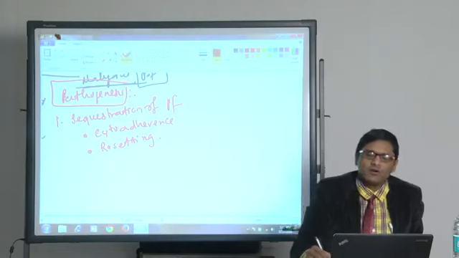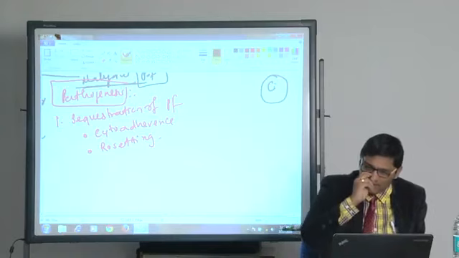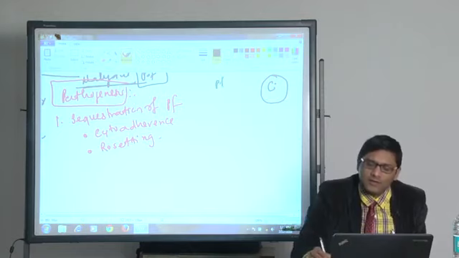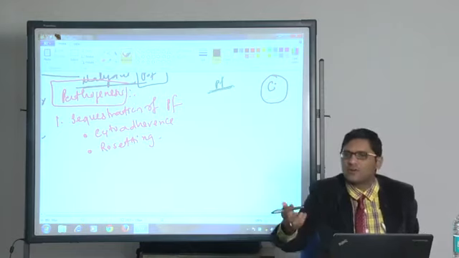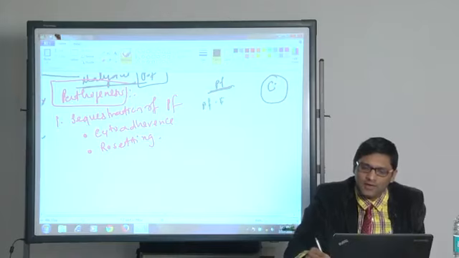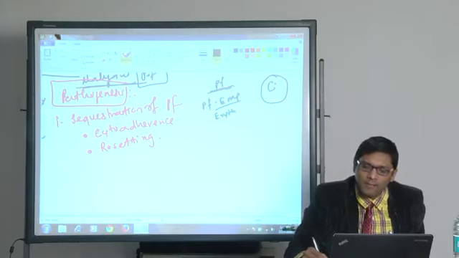What does this mean? See, this is the RBC and this is the malaria parasite, Plasmodium falciparum, inside. Plasmodium falciparum expresses and secretes a protein called PfEMP, where EMP is erythrocyte membrane protein.